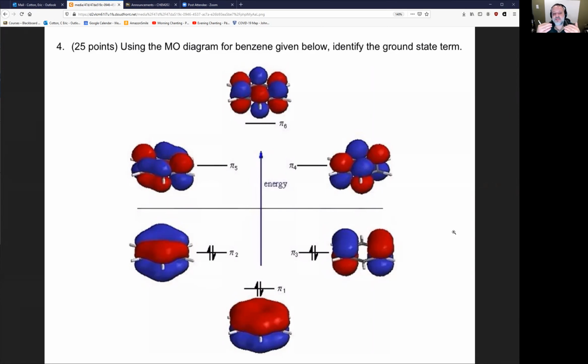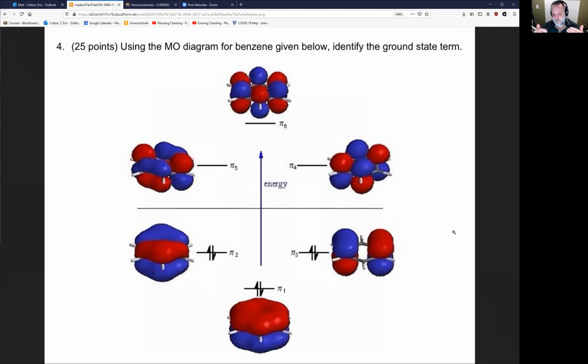And the same thing occurs when you have 2 nodes. You can have 2 nodes this way or 2 nodes that way, in which case you're going to get another degenerate set. Then the highest energy orbital is the orbital where all of the p orbitals are arranged in different phases and none of them overlap.